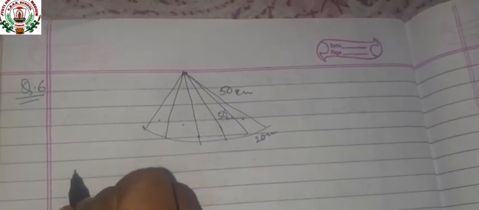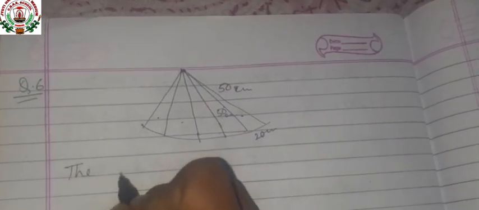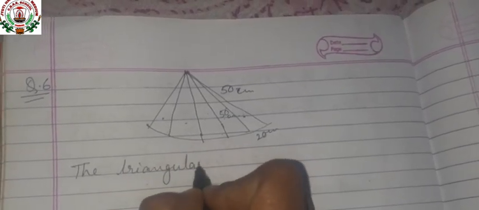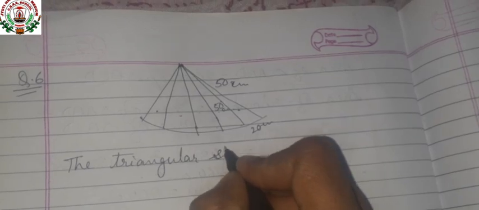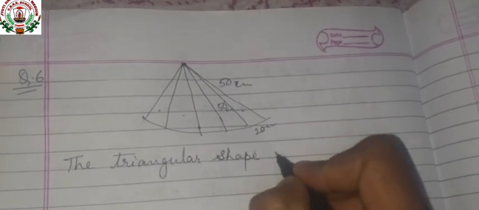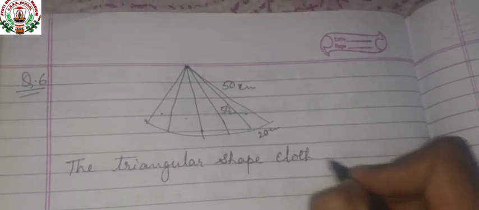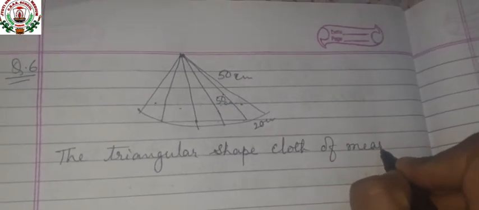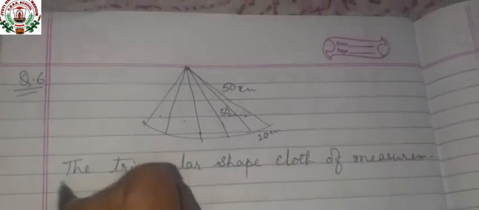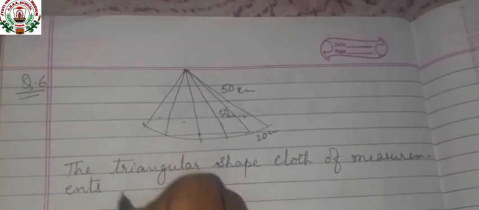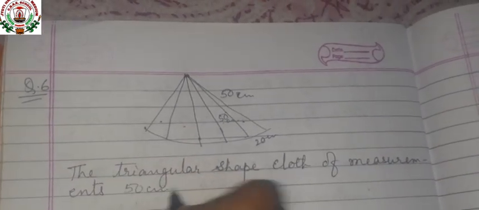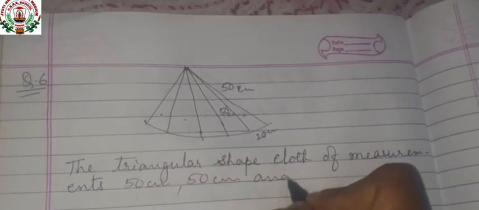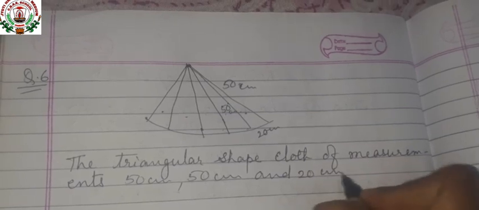Now the triangular piece of cloth of measurements 50 cm, 50 cm and 20 cm.